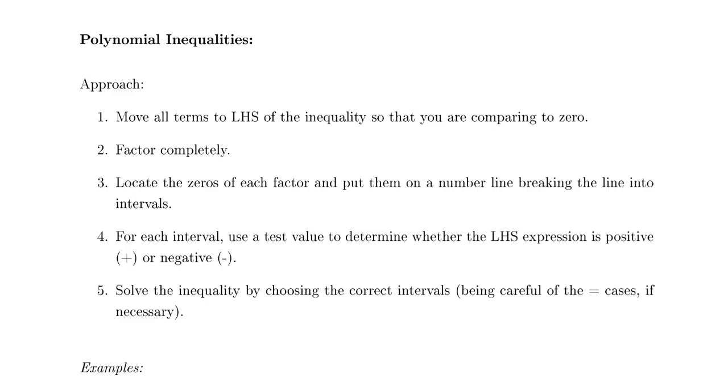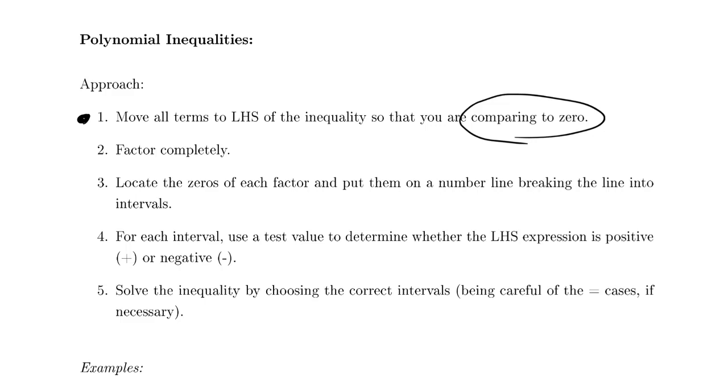All right, so let's take a look first at the general approach. Now, it may not seem clear exactly what we're doing until we get into some problems, but let's take a look. So the first thing, again, we're going to move all the terms to the left-hand side of the inequality so that you're comparing to 0. All right, this is going to be the big thing about our solving of polynomial inequalities and then later rational inequalities as well.